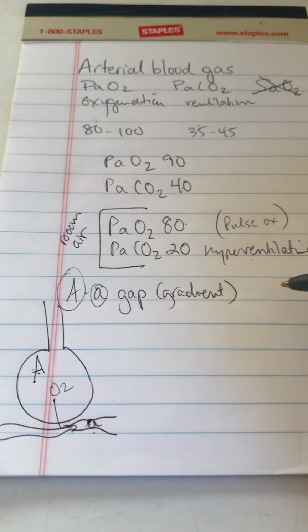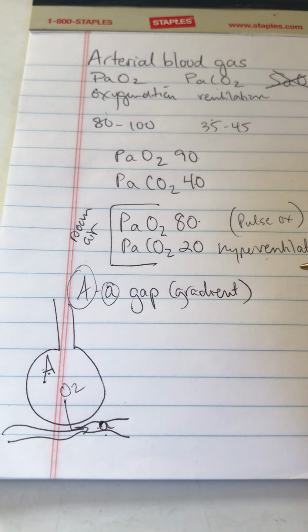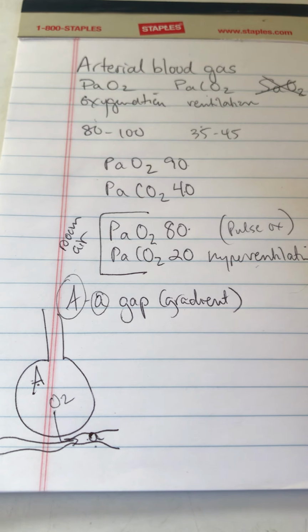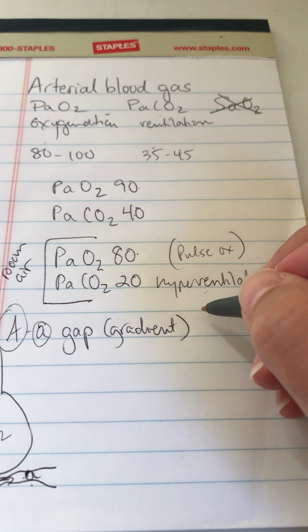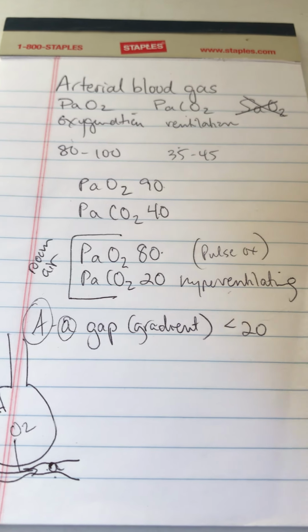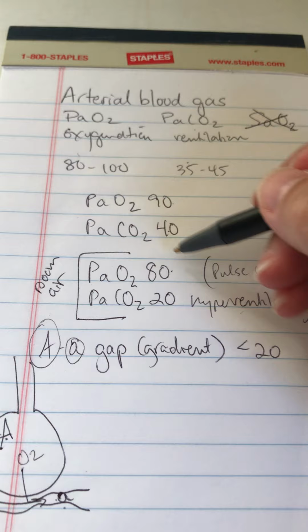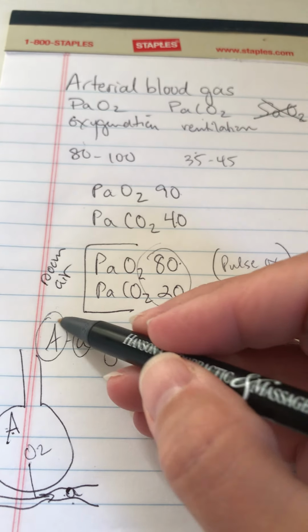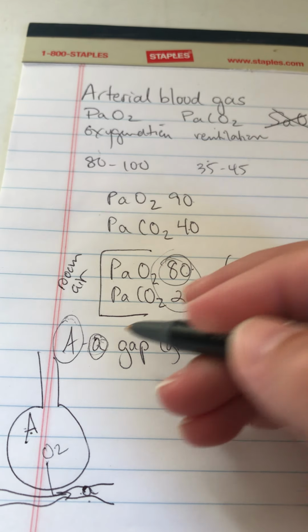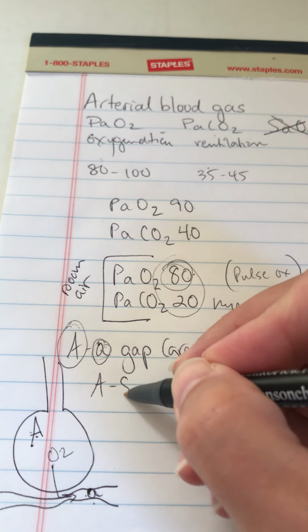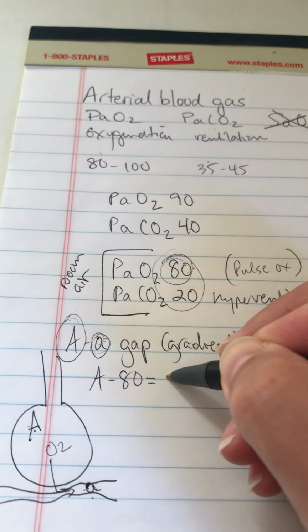It should be pretty small unless there's a problem of diffusion, like some lung lobes aren't diffusing at all, or there's a PTE or something like that. So this gap should be less than 20 in practicality. Let's look at this example. Little a is 80, so big A minus 80 is going to be our gap.